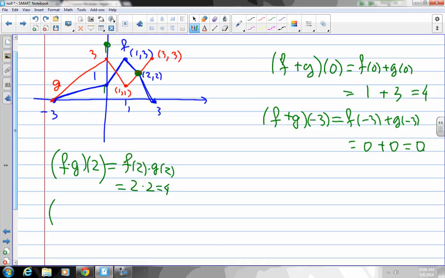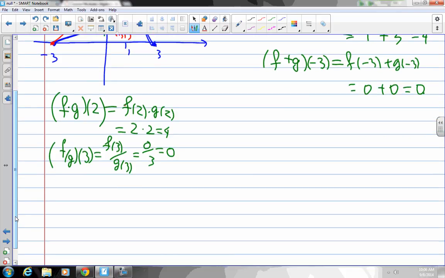How about f over g of 3? So again, remember, what I'm asking you to do is to find f of 3 and divide it by g of 3. So what is f of 3? 0. And what is g of 3? 3. So 0 over 3 is 0.